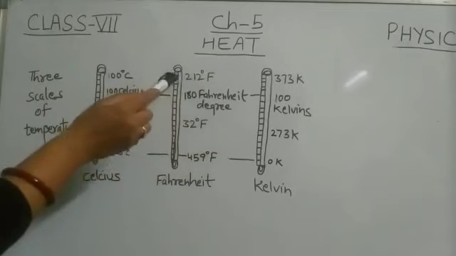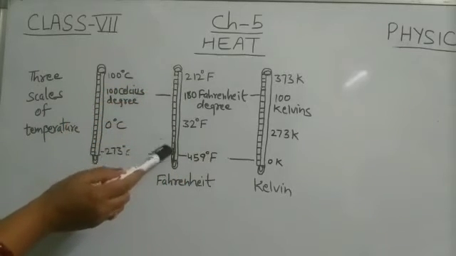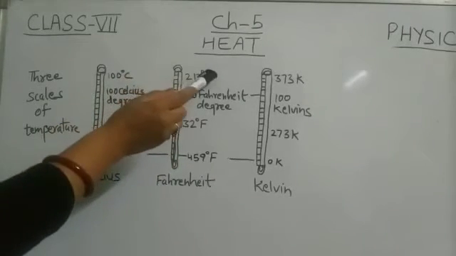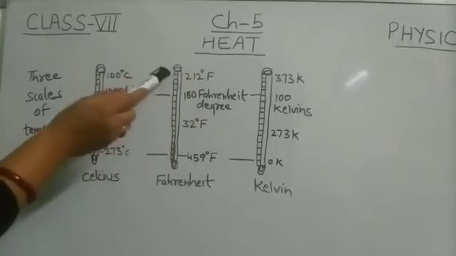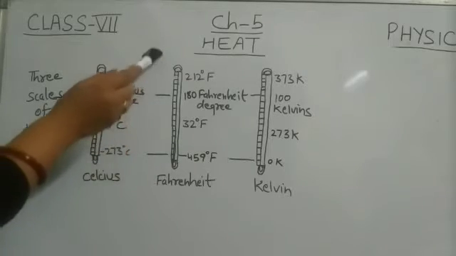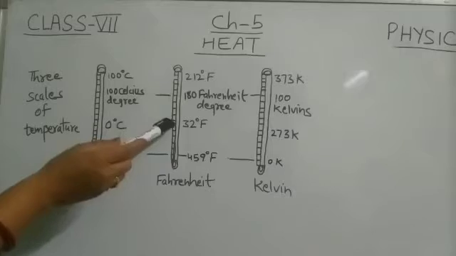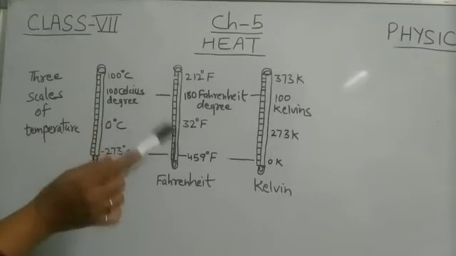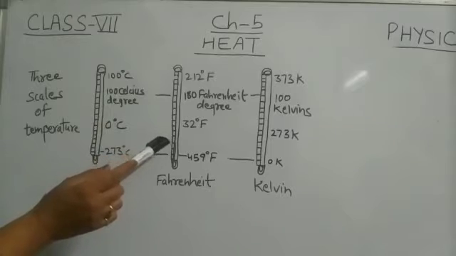Okay, the stem of the thermometer from 32 degree Fahrenheit to 212 degree Fahrenheit is equally divided into 180 parts, or we can say 180 degree Fahrenheit. Each part is called 1 degree Fahrenheit. Okay.